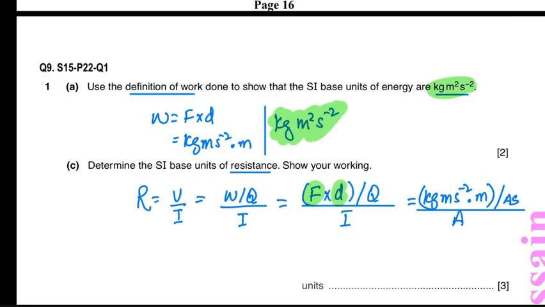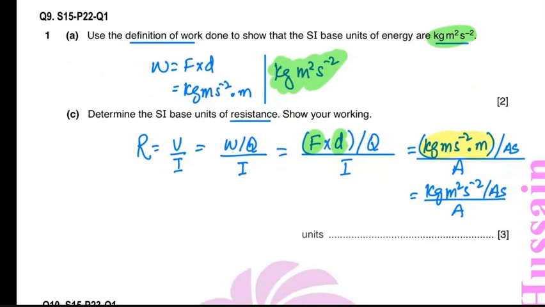So just simplifying this side will become kg m^2 s^-2 over ampere second over amperes. This will become kg m^2 s^-2 over ampere squared into seconds.